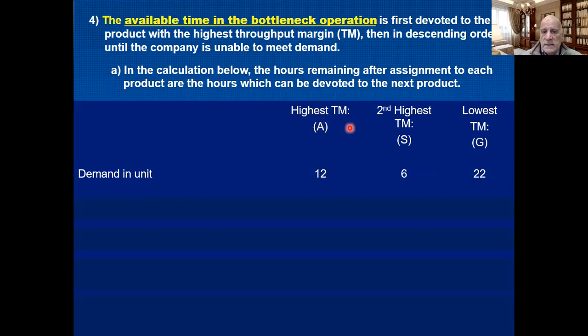As for the highest product, A, the demand is 12 units. We cannot sell more than 12. And the demand in units for the second product is 6. And the demand for product G is 22.